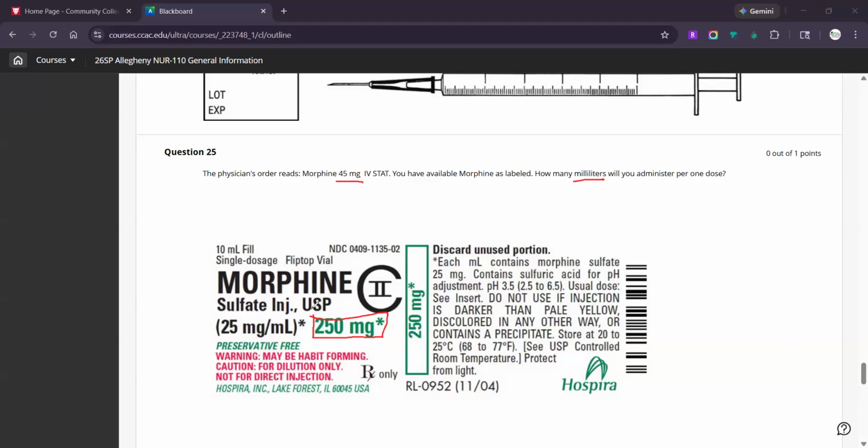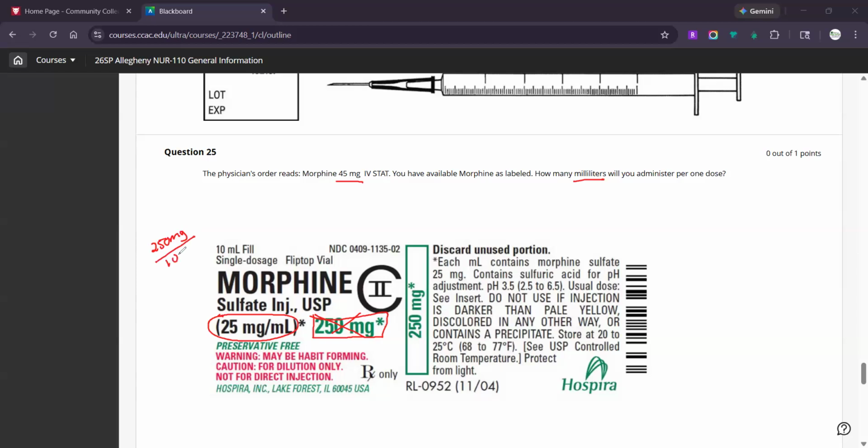However, they also break it down to the per ml, which is what you want. This is the number you want to pay attention to. You don't need this, but just as an aside, the total is 250 milligrams.